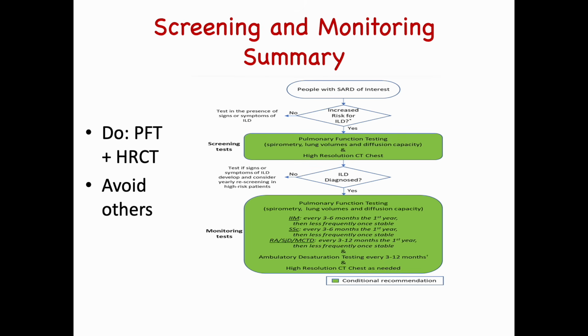And pulmonary function means the detailed pulmonary function with spirometry, lung volume, and diffusion as a screening test. If you diagnose the ILD, for monitoring, you do a pulmonary function, you do ambulatory desaturation testing, and you do an HRCT chest. How often, what frequency, we're going to talk about in the next image.